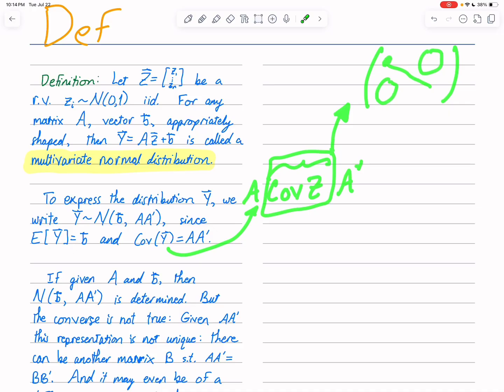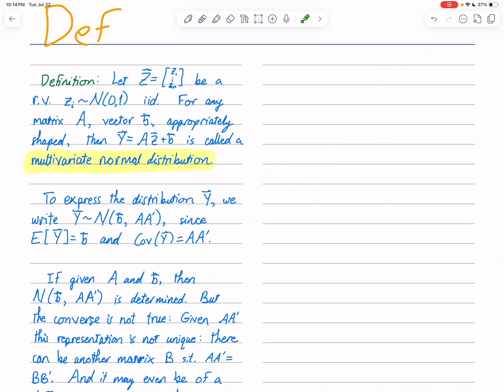And the values along the main diagonal are the variances of each individual random variable. Since we assume that those are equal to 1, you get 1s along the main diagonal. And what that means is that the matrix in the middle is the identity matrix and just goes away, and you're left with A A transpose. So that's why we write that right here.